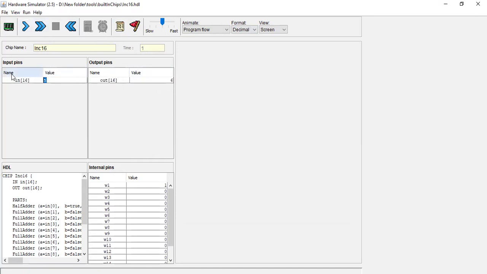If atong input is 20, output is 21. If atong input is negative 7, output is negative 6, supposed to be. Yeah, negative 6. So that's the purpose of the incrementer or Inc 16 chip. Plus 1 namin siya.